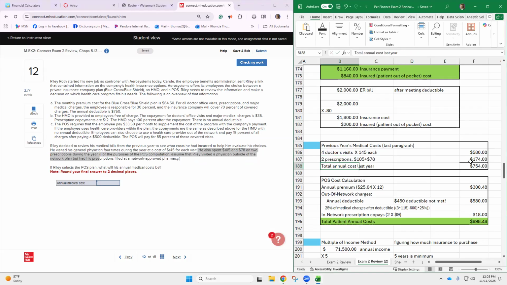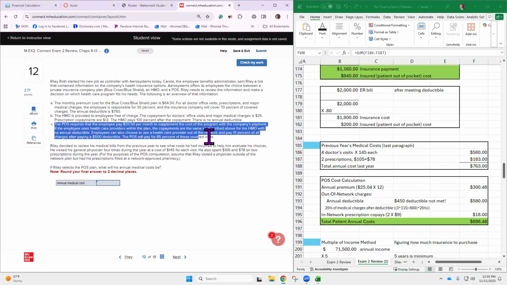Now let me add those 2 together, and then add his doctor visits and his prescriptions together to see how much his medical bills were from last year. Last year he spent $763 annually on his medical costs. So you're going to need that, just hang on to that. Now we're going to start calculating this plan, and this plan has quite a bit of detail to it.